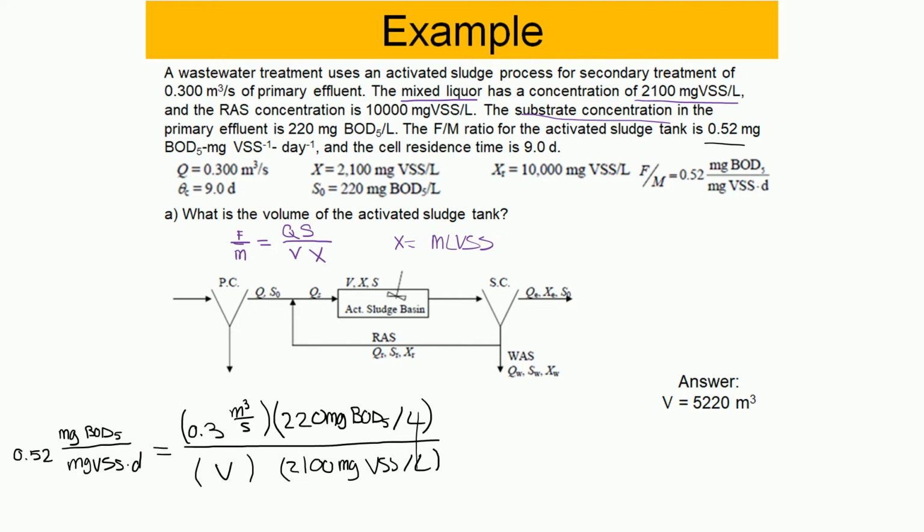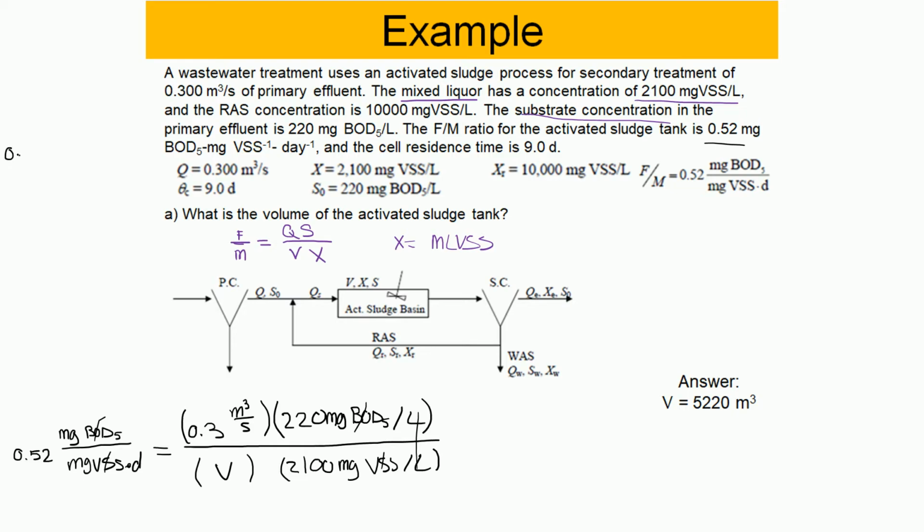But one of the biggest things, and I almost missed it myself, is this D right here. That's given to us in days, and we want the units to be the same, so I'm going to convert this 0.3 to days instead of meters cubed per second.